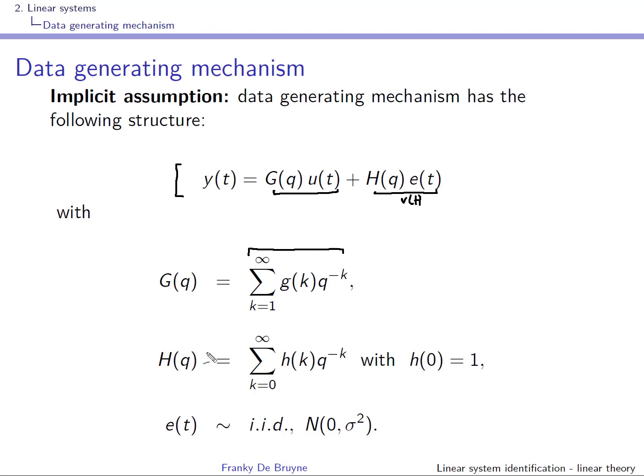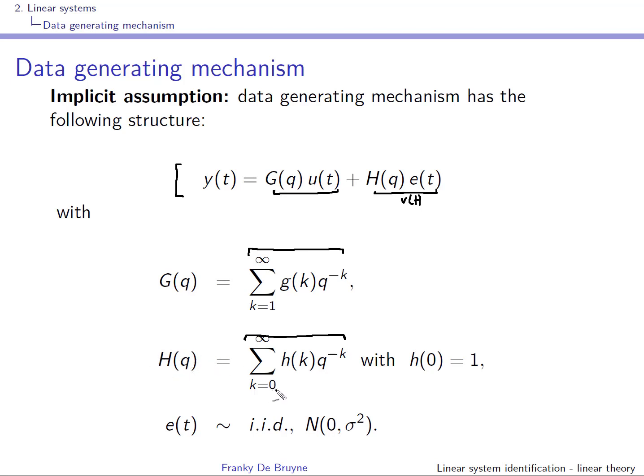Well, H(q), the noise model, can be written in terms of the impulse response of the stochastic part. So then you take u(t) to be 0, you put an impulse at the input, and the resulting response is this impulse response here, h(k), that you can link to the noise model as follows.